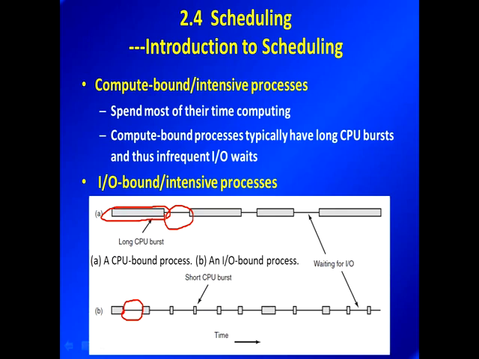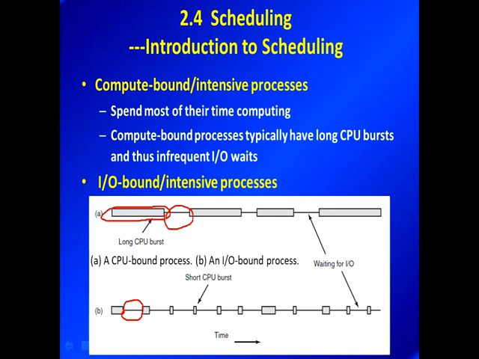So the instructions just need to wait for a long time to get the input from the users. So we can see the compiler is a typical example of compute-bound processes, and Word is a typical example of I/O-bound processes. And if you know the difference between these two categories, you can understand why we schedule these two types of processes differently under some circumstances.